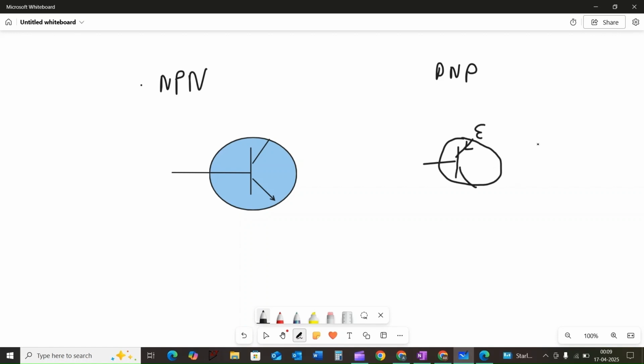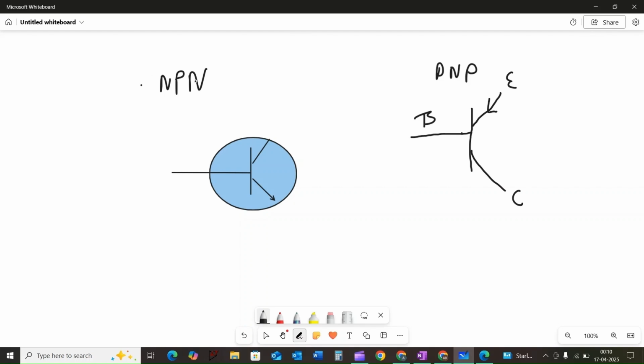The symbol is like this. The baseline is in the same position, but this time the emitter arrow is pointing towards the center. This is the emitter terminal, this is the collector terminal, and this is the base terminal.